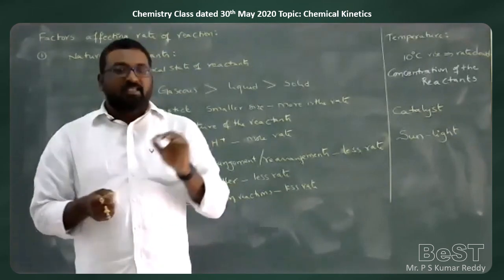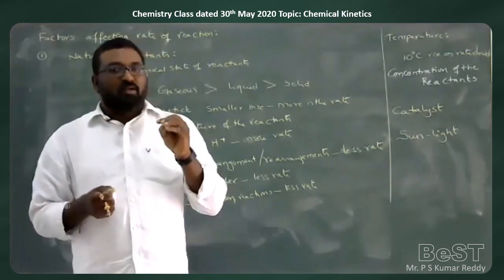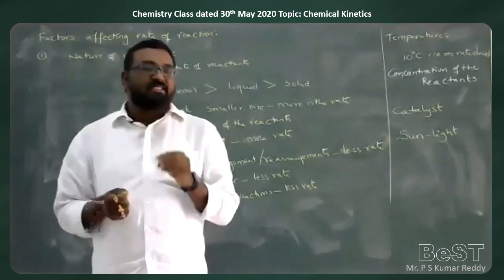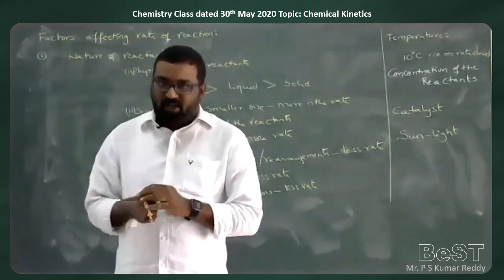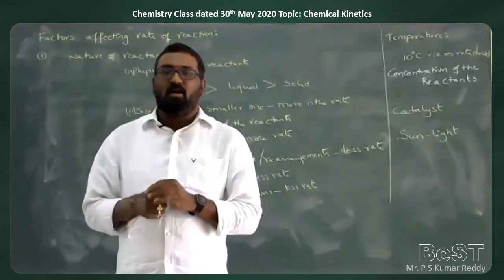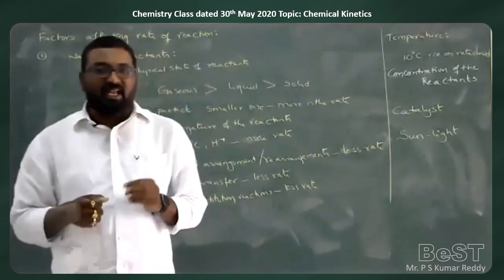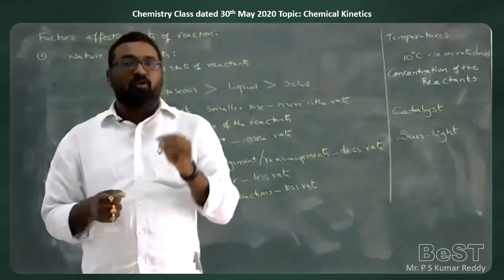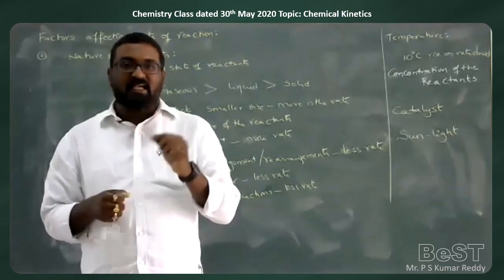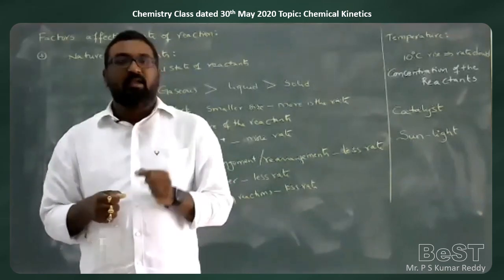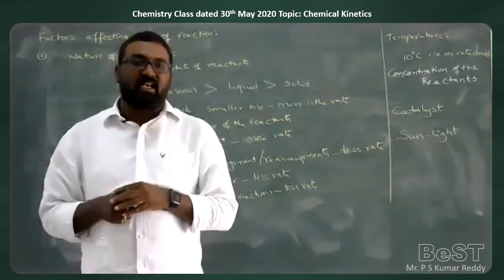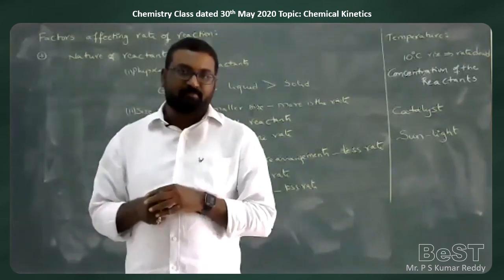Such reactions where sunlight or UV radiations are used for increasing the rate of reaction are called photochemical reactions. The rate of the reaction will increase when we use sunlight or UV radiations.